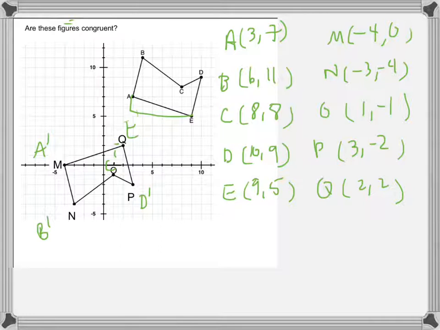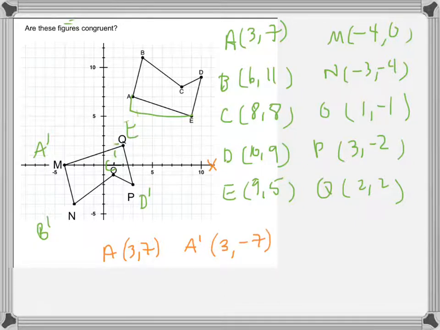What if I reflected the original figure over the x-axis, and then maybe it's a translation to the left. So if I reflected it over there, let's look at the coordinates here for a minute. For A, if I reflected that over the x-axis, I would get a negative y, where A prime would be 3, negative 7, right?